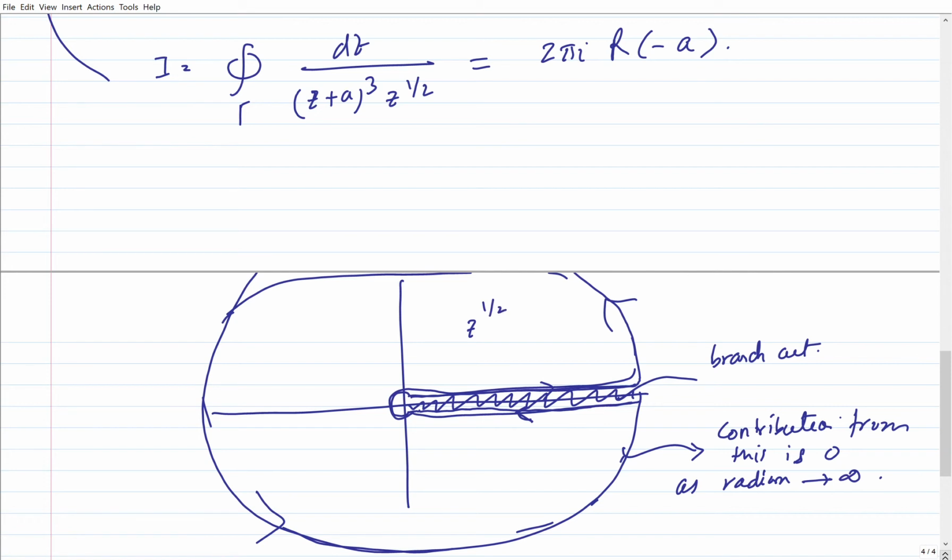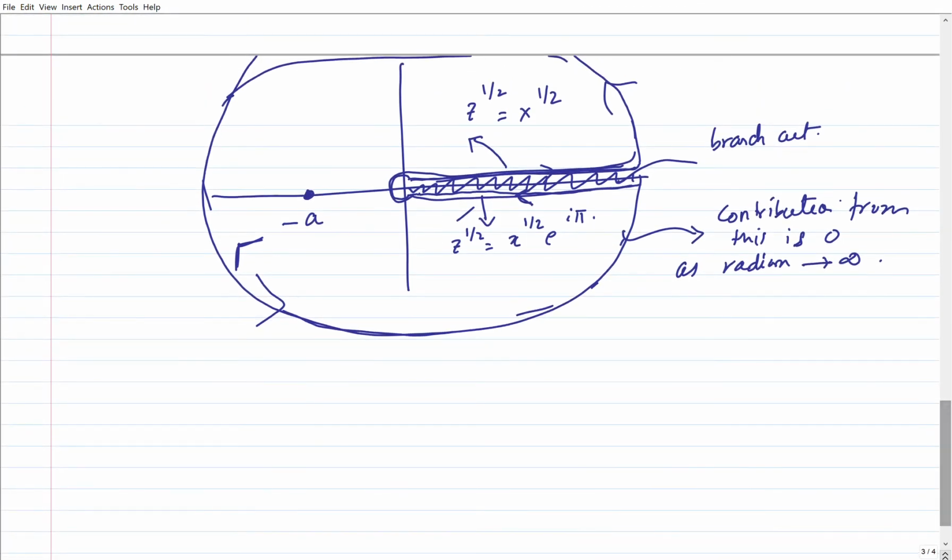For this particular branch, if the branch cut is here, I have z to the half equals x to the power of half, and for this branch, because it has taken the 2 pi rotation, z to the half would be nothing but x to the power of half e to the power of iota pi. So now we are all set. This was one of the poles, and I'll call this entire contour gamma, as I've already indicated over here.